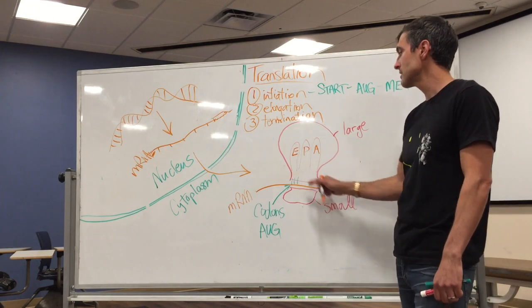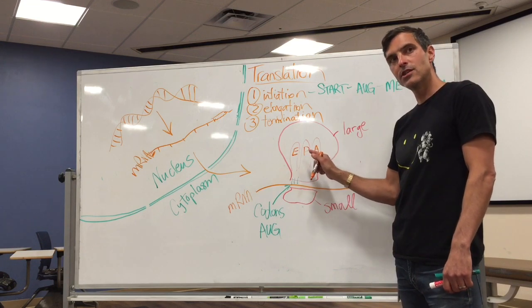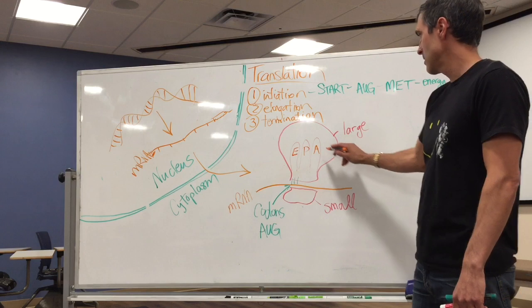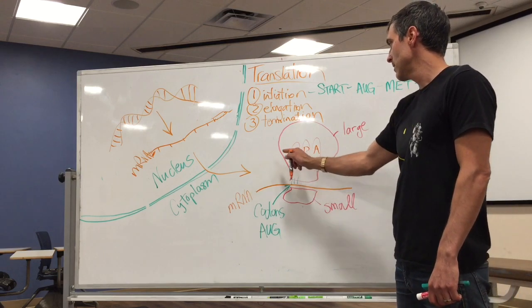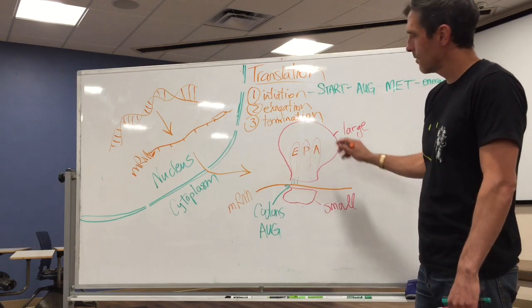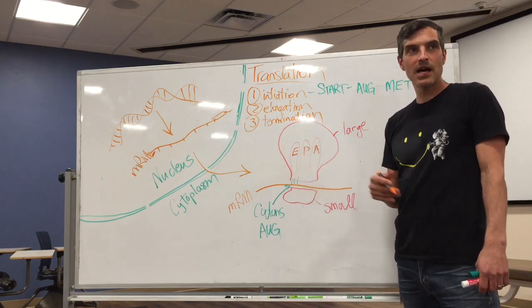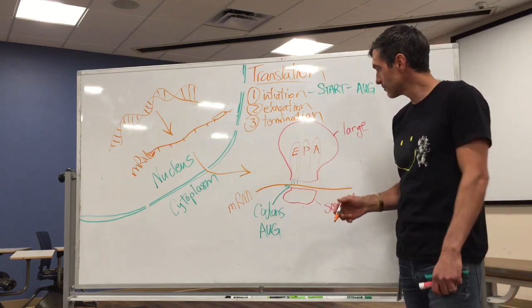I like to remember it as Environmental Protection Agency because I care about the environment. You could also spell it APE backwards. The beauty of this is that the names of those sites tell you exactly what they do.